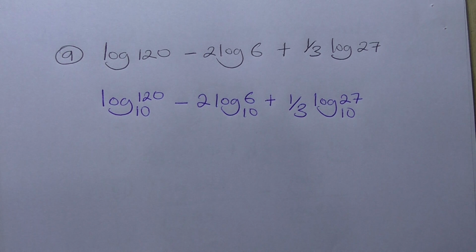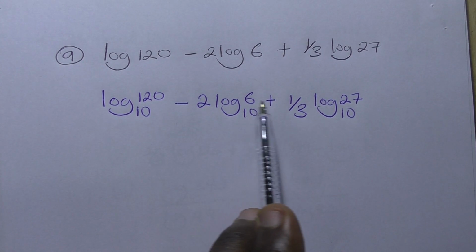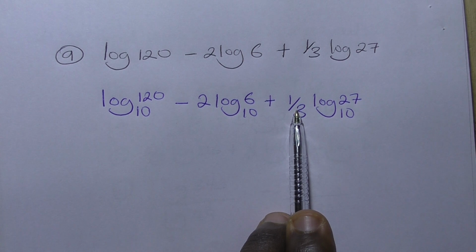We are dealing with 2 aspects. We have subtraction and addition. We saw what we do with subtraction and what we do with addition. However, before we apply these 2 laws, let us first deal with the coefficients of our logarithms.